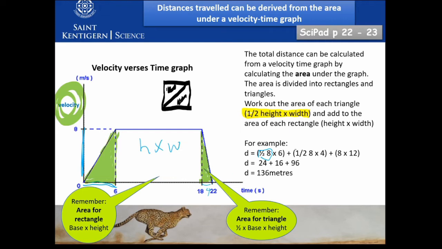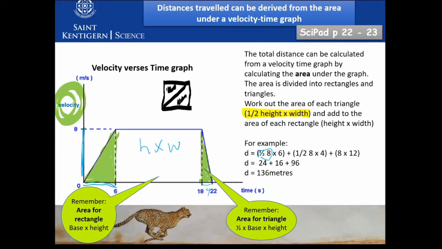So half times 8 times 4 is this area, and then 8 times 12, because 18 minus 6 is 12. And that's height times width. So that gives us 24 plus 16 plus 96, which gives us 136 meters.